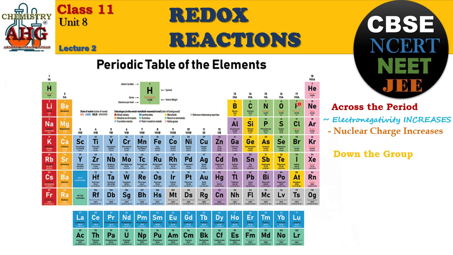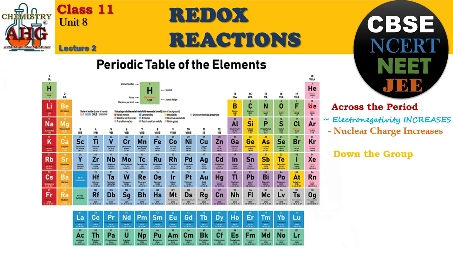Now when you are moving from fluorine to chlorine to bromine to iodine, look at the atomic number. The atomic number of fluorine is 9, chlorine is 17, bromine is 35, iodine is 53. What you can see is that as we are moving down the group, the atomic number is increasing, the number of shells is increasing.